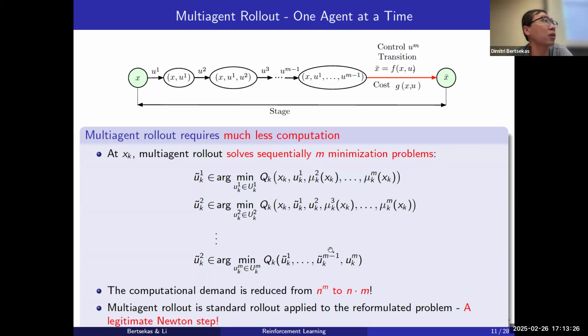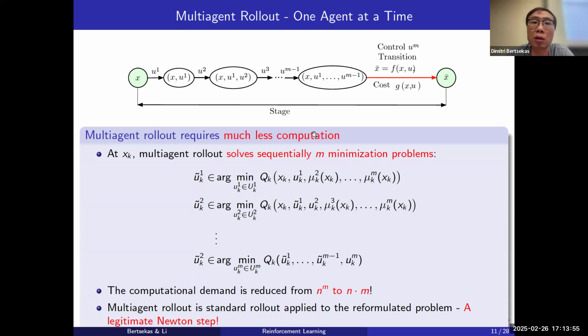Okay, any other questions? But if we are updating the rollout policy for a particular agent, and we assume the other agents are going to follow the base policy, will it count as standard rollout? For this problem, if you consider this unfolded problem, then it's standard rollout.